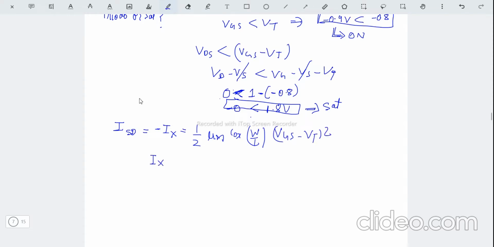We shall normalize Ix by mu n Cox W by L, so it is equal to minus half into (VGS minus VT) squared.